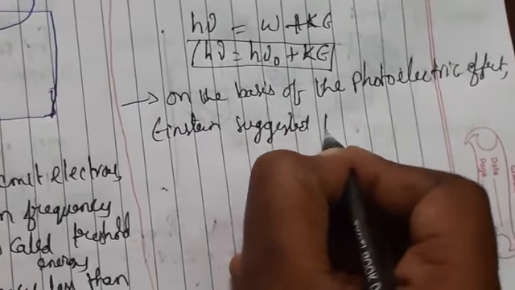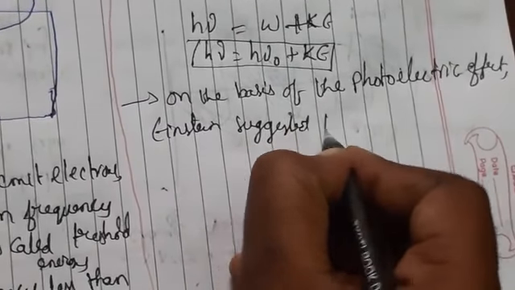Each photon is a quantum of light. So basing upon the photoelectric effect, Einstein said that every particle of light is a photon, a quantum of light.